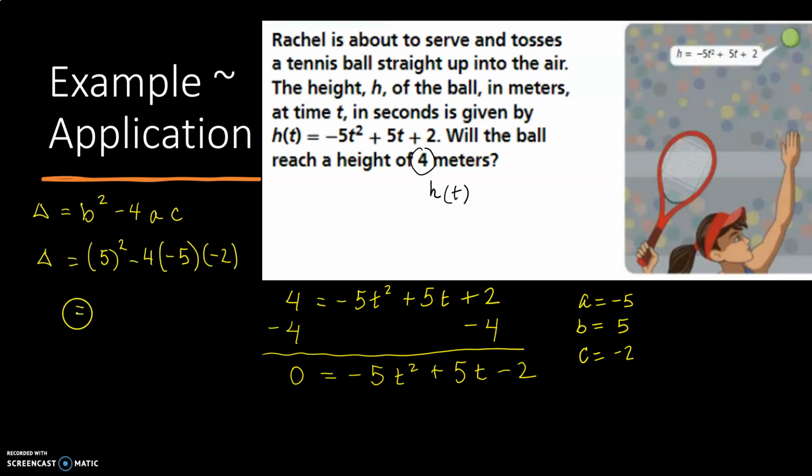So be really careful with negative signs. This 5 is a positive 5, and I square it. I get 25. And then I'm subtracting 4 times negative 5, which would be negative 20. So I'm subtracting a negative 20, except then I'm multiplying by a negative 2. So I'm actually subtracting a positive 40.